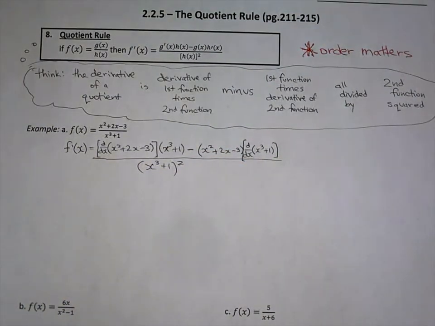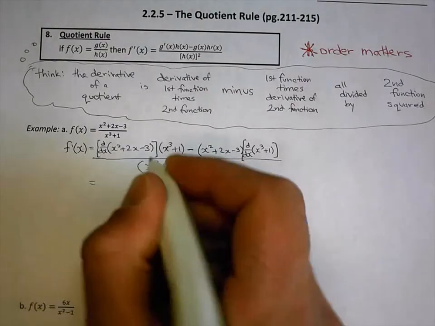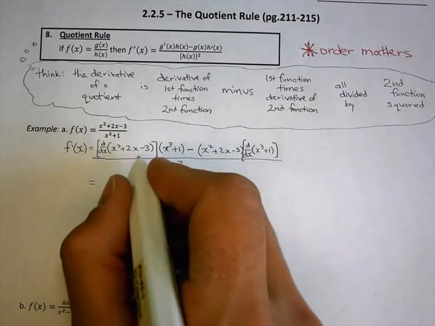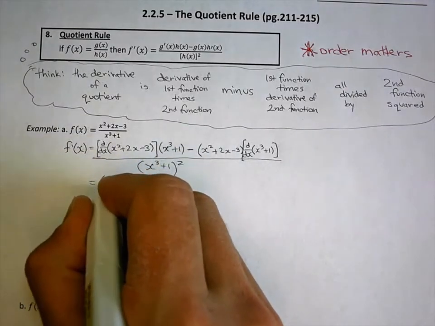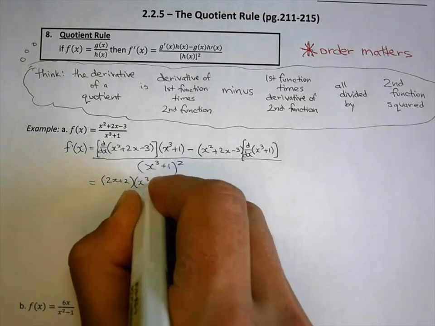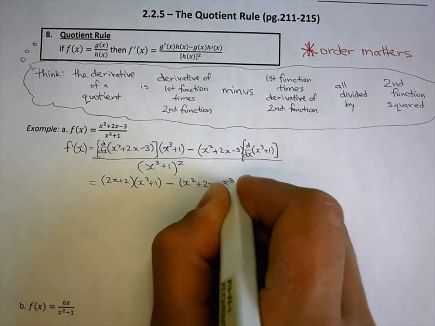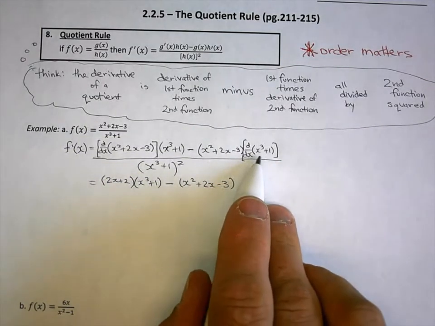There we go. Okay, now this is a set of instructions. Now I can follow through. So the derivative of x squared plus 2x minus 3, well, that is just 2x plus 2 times x cubed plus 1 minus x squared plus 2x minus 3 times the derivative of x cubed plus 1.